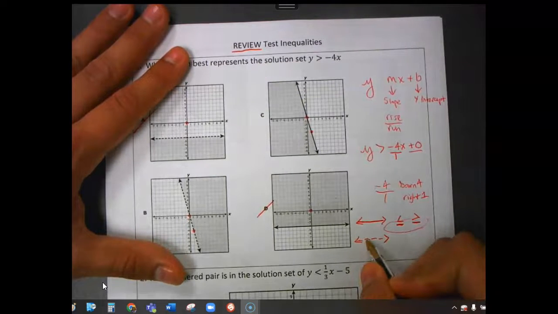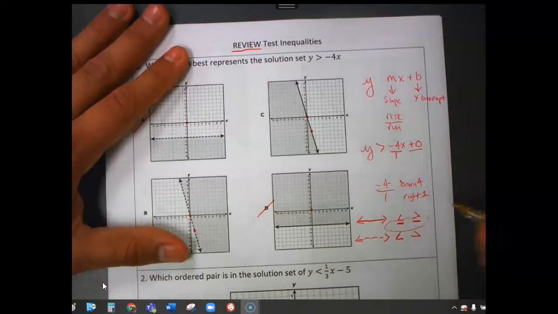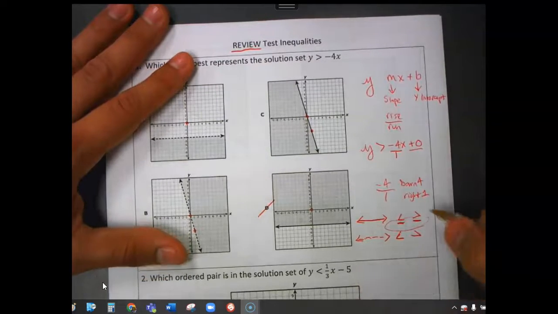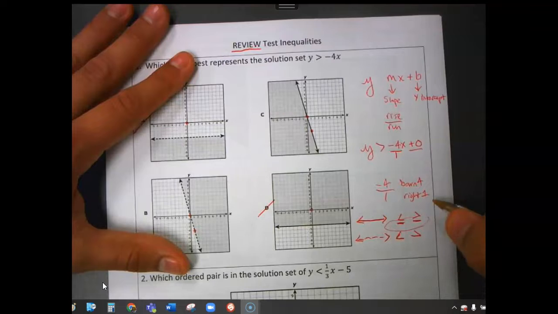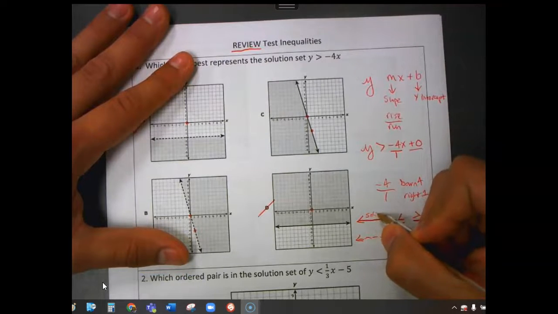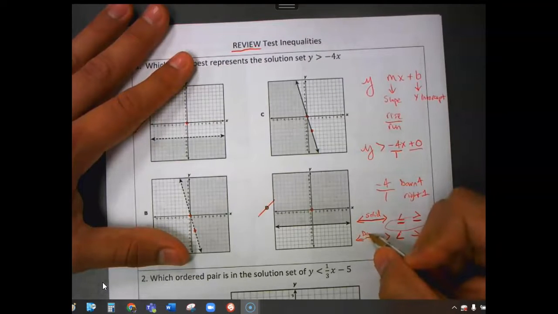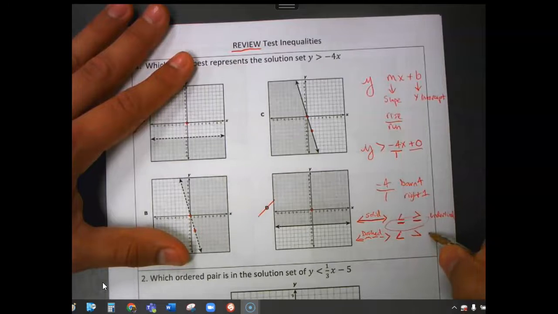But if it's dashed, it's going to be just the inequality, okay? So, you could think of solid is underlined, dashed, not underlined.